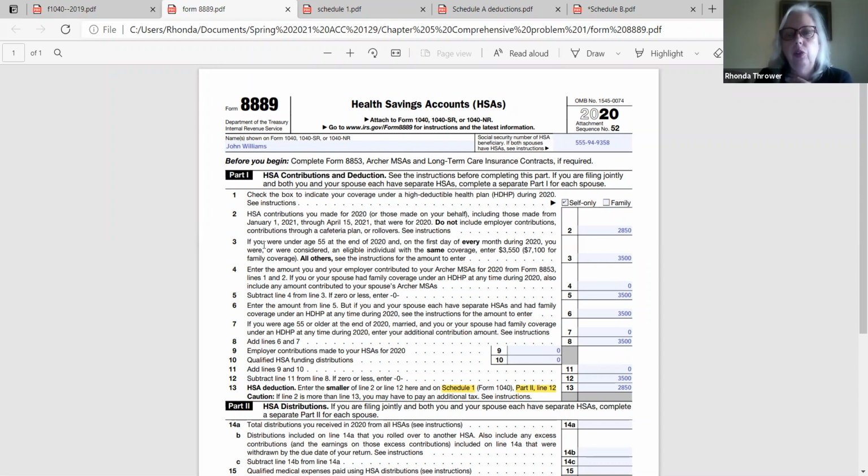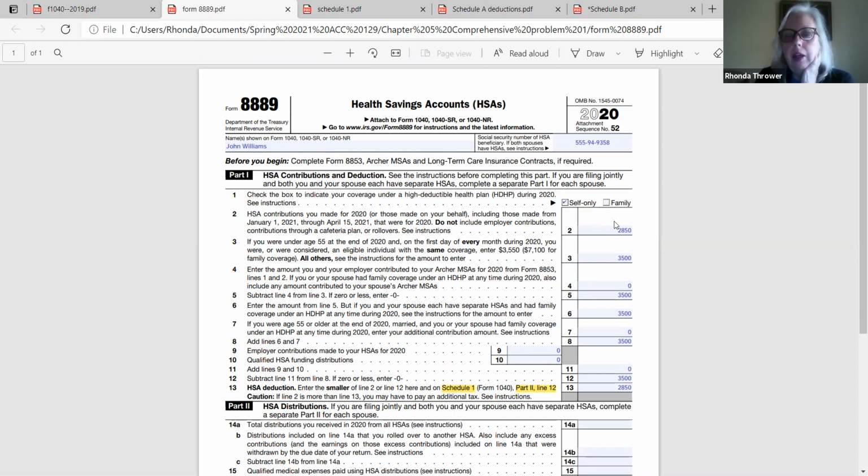We're going to move to then line 2, which says HSA contributions you made for, this should be 2019. Obviously, I've got a 2020 form, but there's not much difference between the 2019 and 2020 form. So we are using 2019 for our instructions. So just disregard that 2020, it'd be 2019.